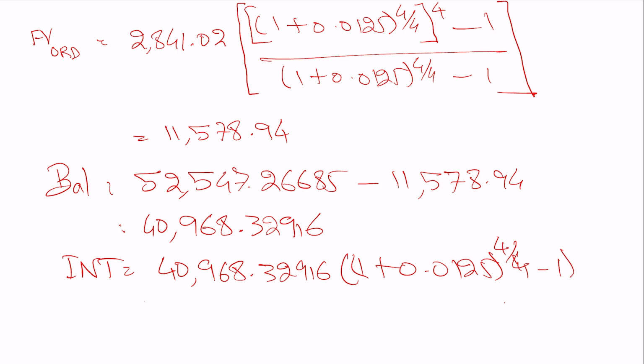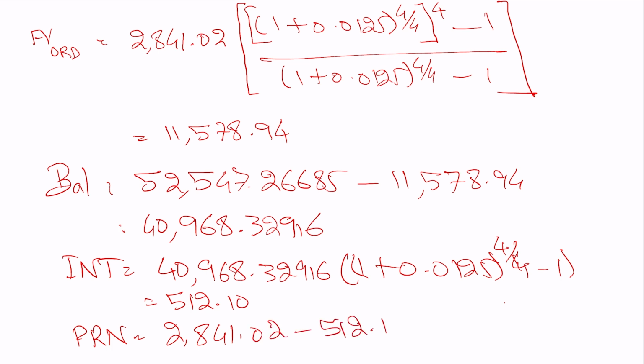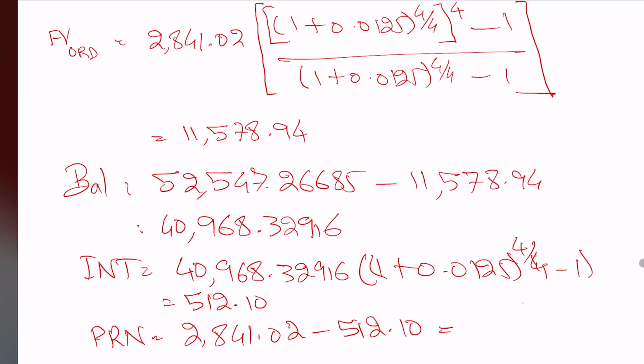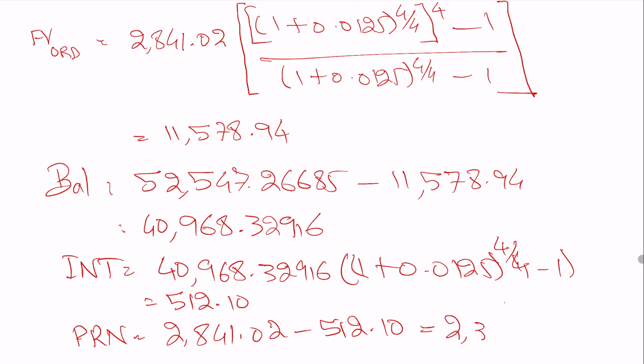So when we apply, we get 512.10 as interest, and if we want to find out PRN, that is 2841.02 minus 512.10, so we are paying 2,328.92 as principal.